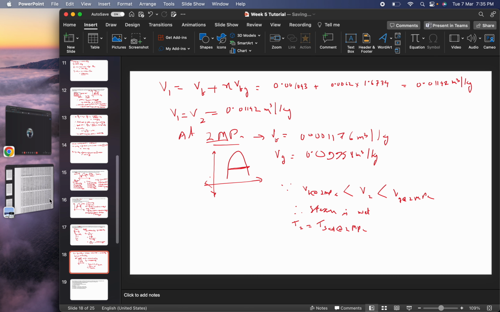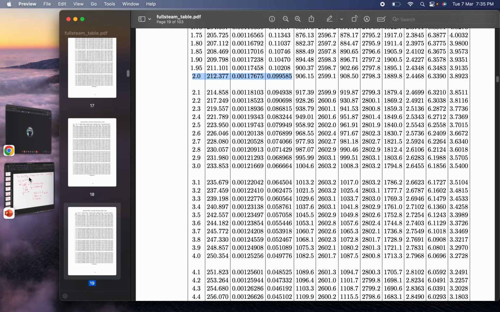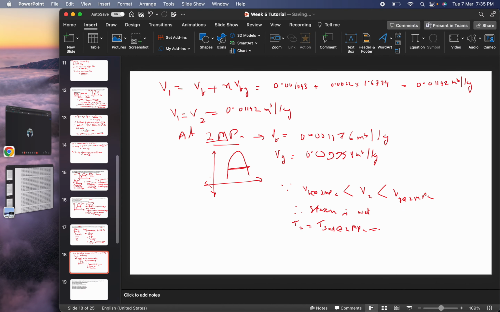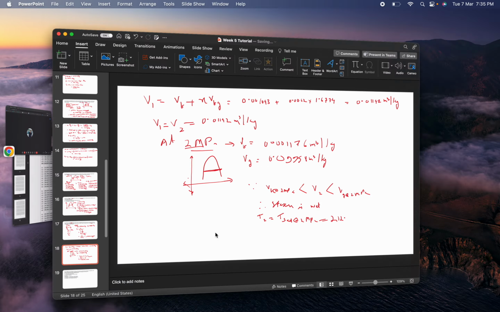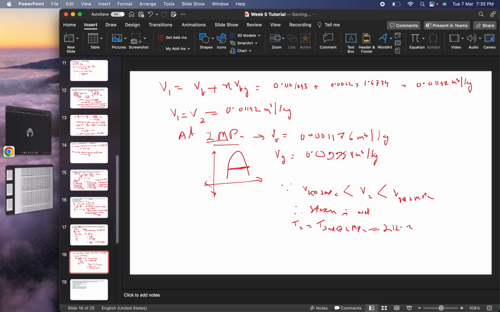So you go to 2 megapascal and your T saturation is 212.37 degree Celsius. Okay, so this is my temperature.